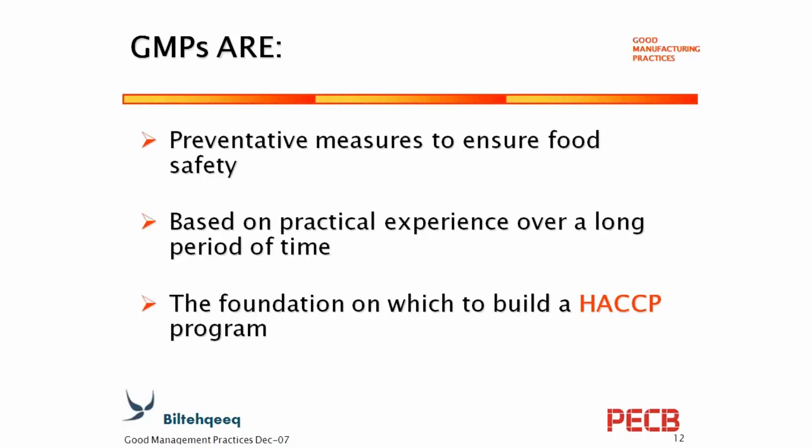The foundation of these GMPs is based on the HACCP program, and we have already discussed HACCP. It is basically a preventive approach. It gives us a chance to avoid any non-conformance.